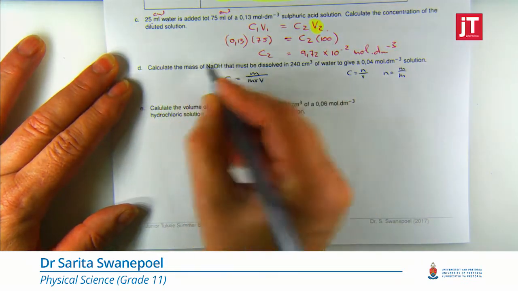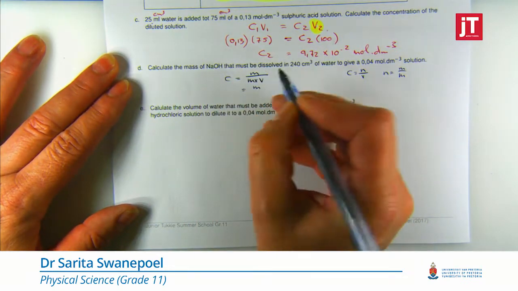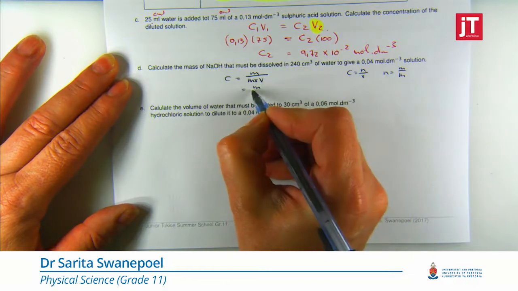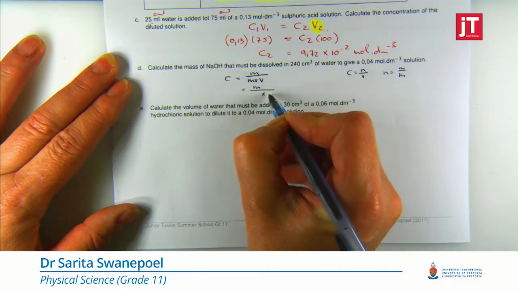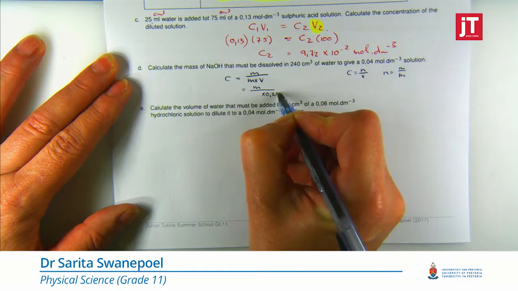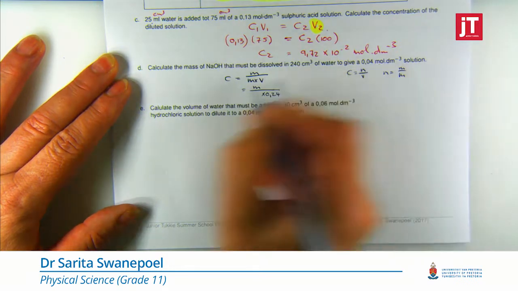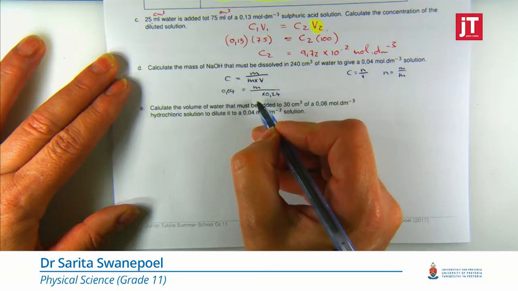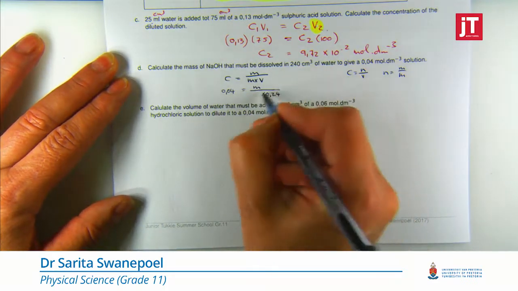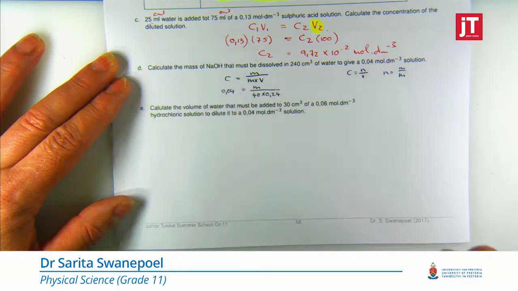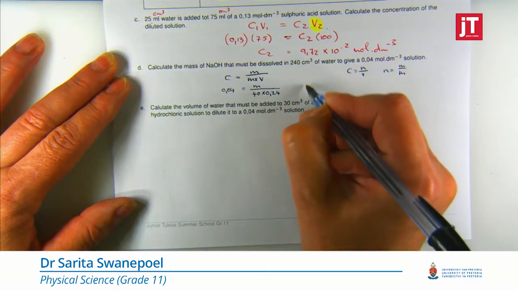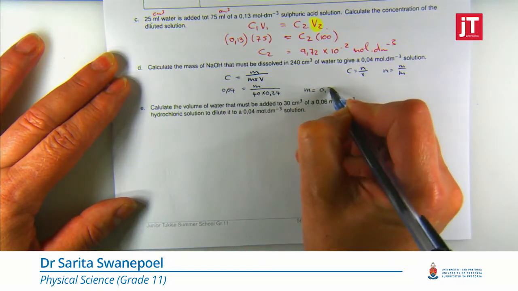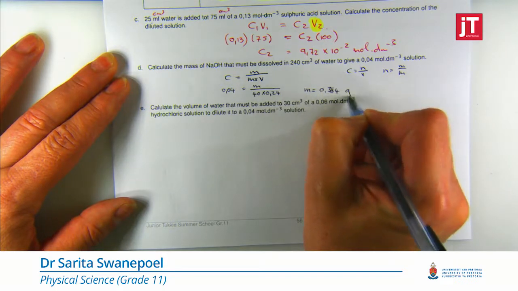They ask what mass, so they're looking for m, must be dissolved in 240 cubic decimeters, so you've got a volume of 0.24, to give a 0.04. Right, and now we're looking for big M. Periodic table, right? And I saw everyone got that one right, 40. Right, and then you just had to calculate, and I think it was 0.384 grams, right?